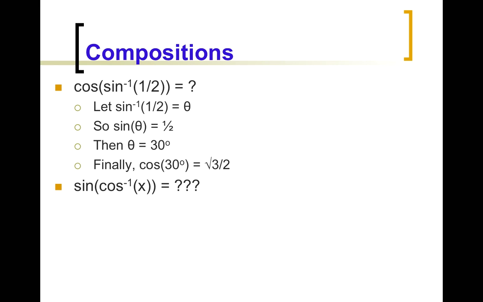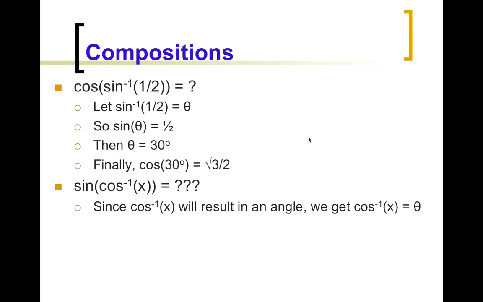What if it gave you an x? Well, that changes things a little bit, but the process is still the same. In the same fashion that we did in the beginning, where we said sine inverse of a half is equal to theta, we can say cosine inverse of x is equal to theta, which then tells me that x is equal to the cosine of theta.